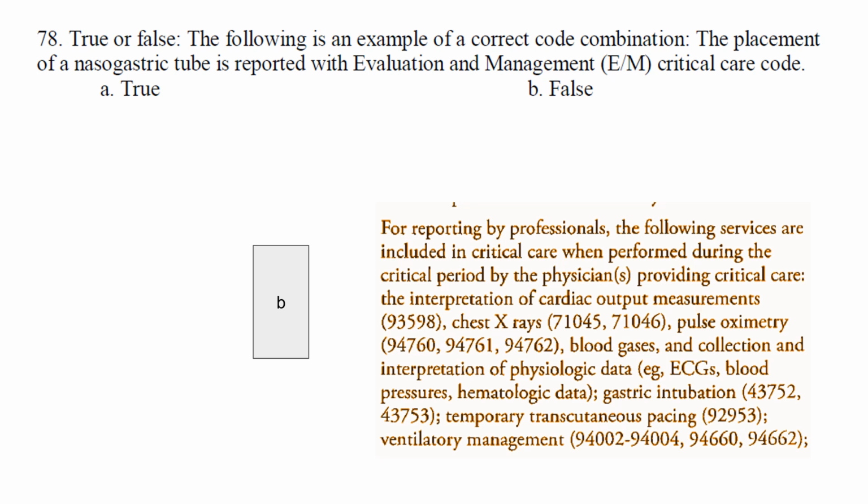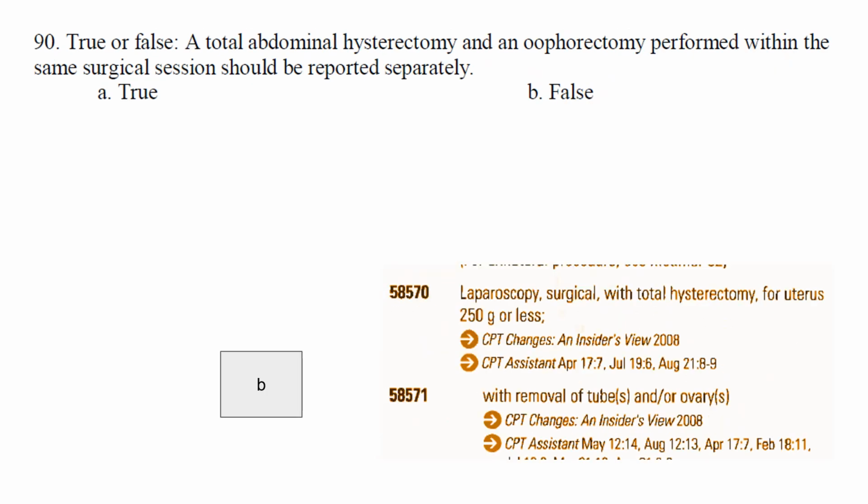That is, these services are included in the critical care when performed during the critical care period by the physician, and in that we have the gastric intubation or nasogastric intubation, and that is included, it is bundled. So we don't code that separately, and that's why this is not correct, and that's why we are zeroing down the answer B.